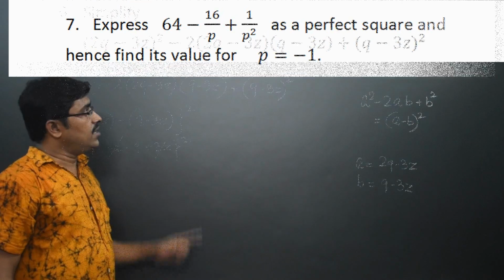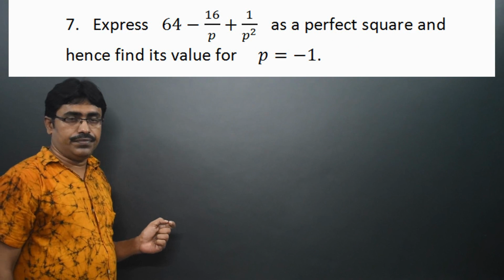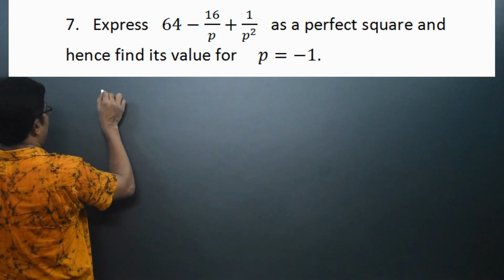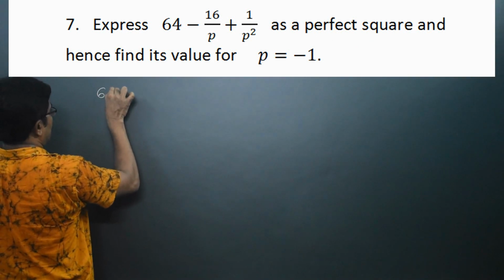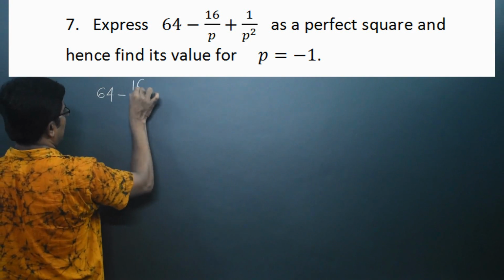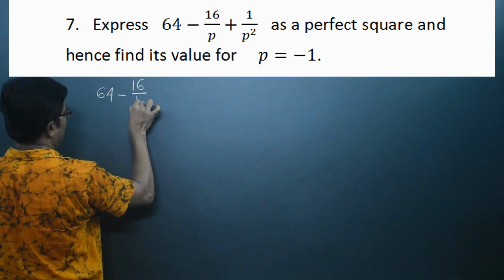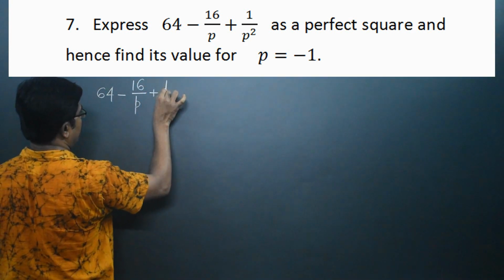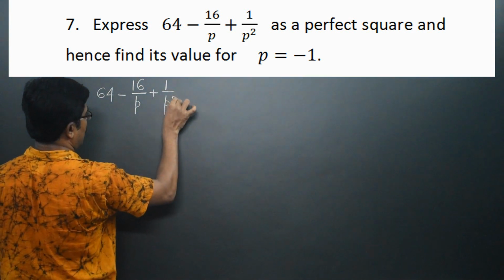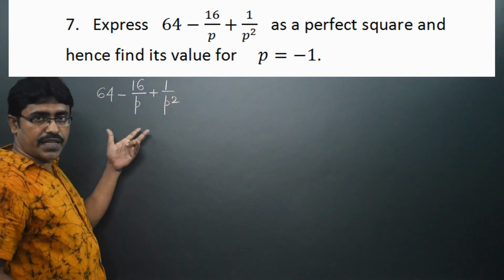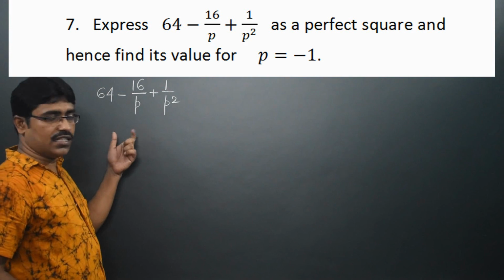Read the question above carefully. In the first part, 64 minus 16 by p plus 1 by p square is said to be expressed as a perfect square.